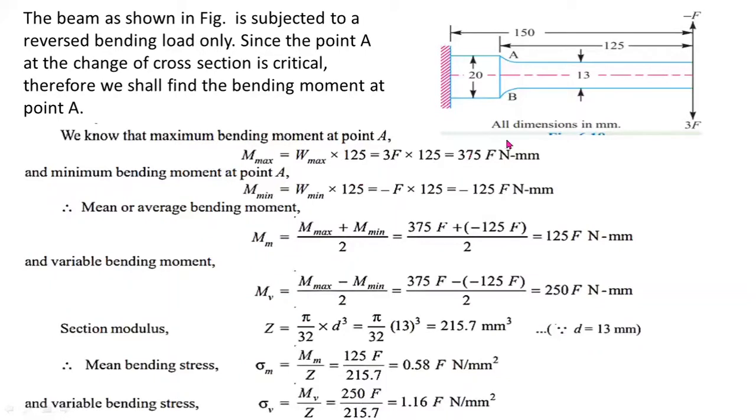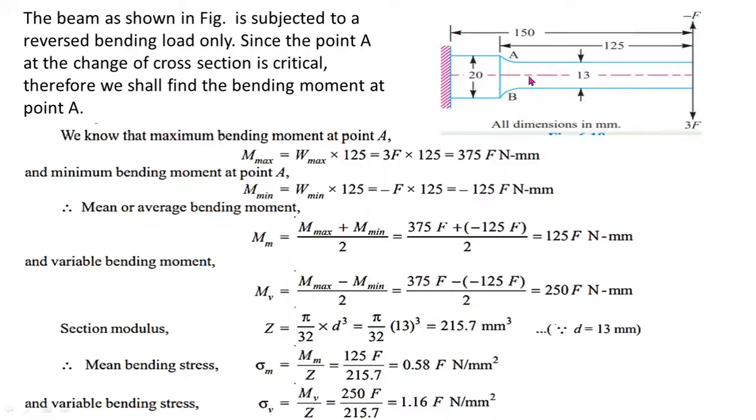We know that maximum bending moment equals maximum load into length. For cantilever beams, bending moment M equals load into distance. Here 125 mm is the distance from the load to the critical point A, and load is minus F and 3F. 3F is the maximum load and minus F is the minimum load.